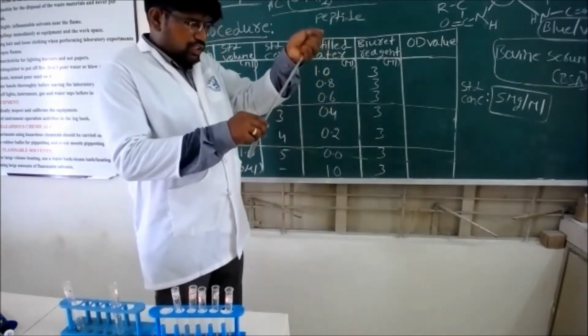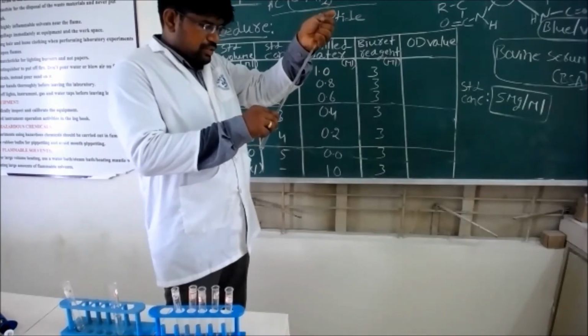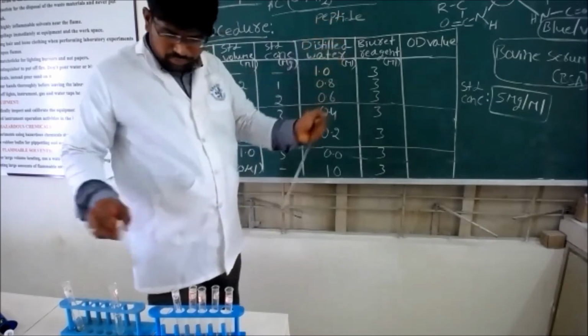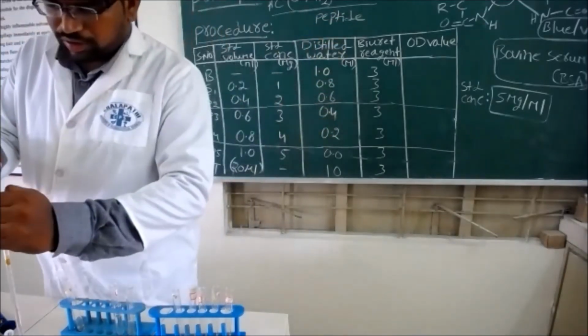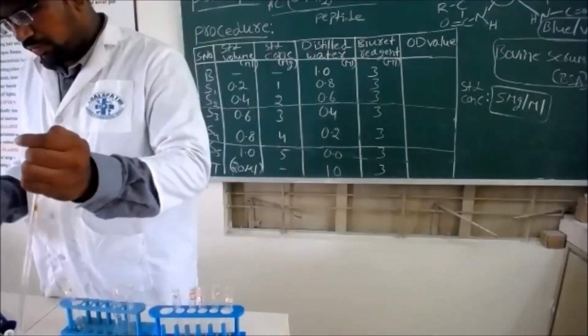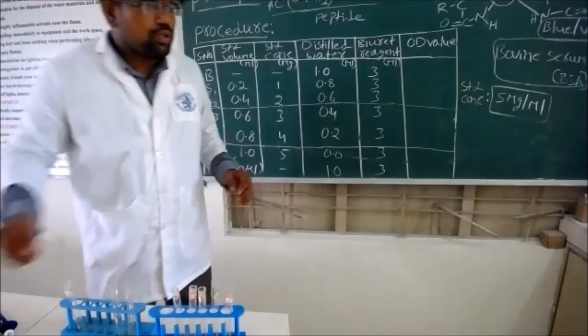In the case of the test also, take 1 ml of distilled water and add 20 microliters of protein. Now, to all these preparations, add reagent.